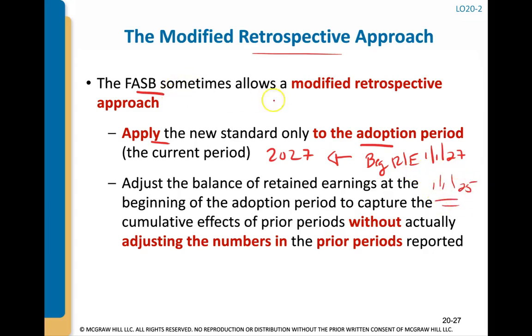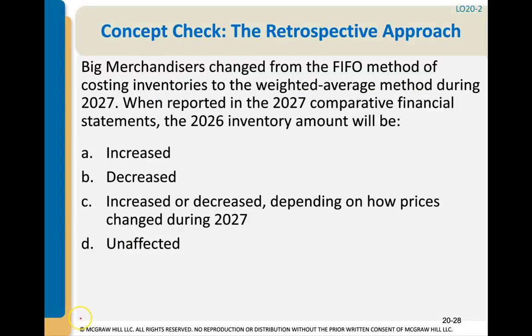Okay, so sometimes the FASB allows this modified retrospective approach, and sometimes it's just not practical to gather all that information from the corporation's perspective and actually break it out by year. So maybe they know the full adjustment, but they don't know which year it exactly pertains to. So sometimes companies will use the modified retrospective approach for that reason as well.